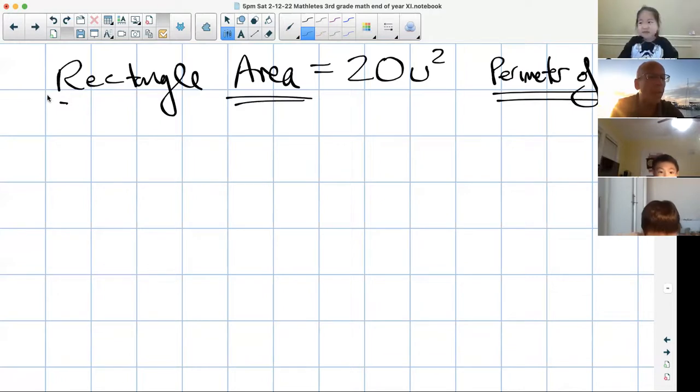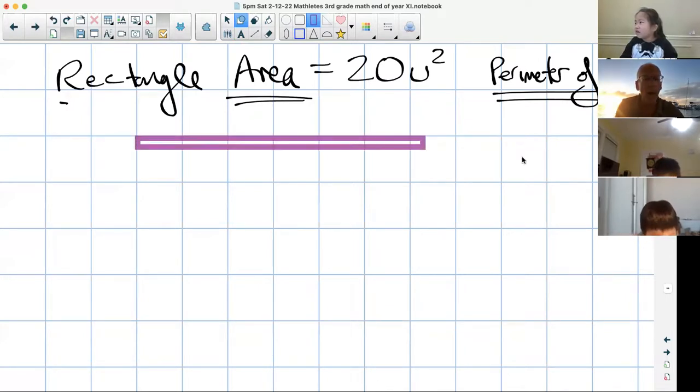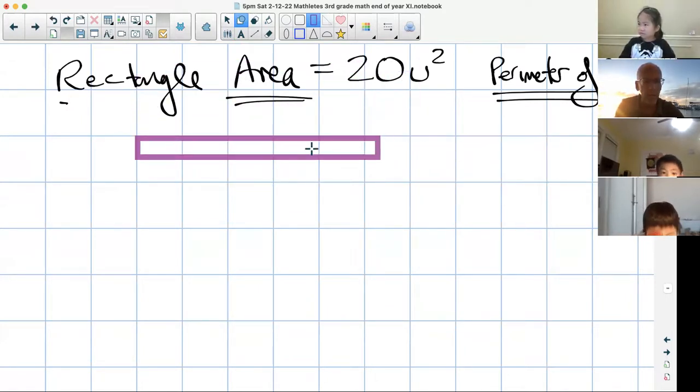Let's do 20 so it fits on this page, sweetheart. And by the way, one of the options is a 1 by 20, which equals 20.